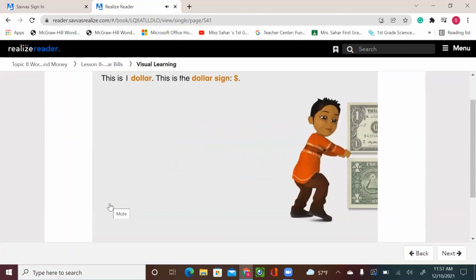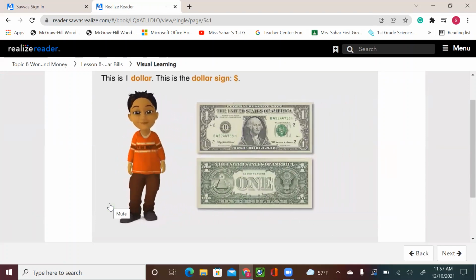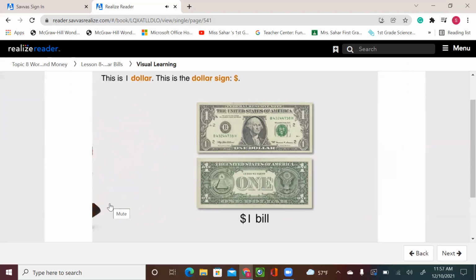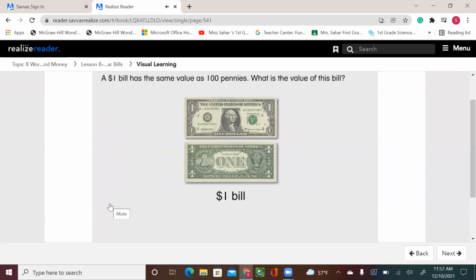This is $1. This is the dollar sign. A $1 bill has the same value as 100 pennies. What is the value of this bill?